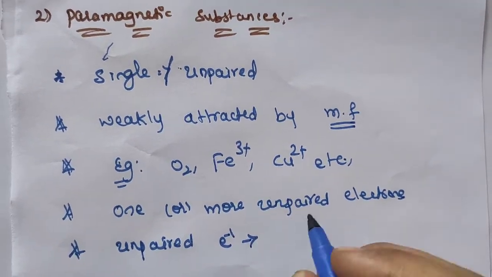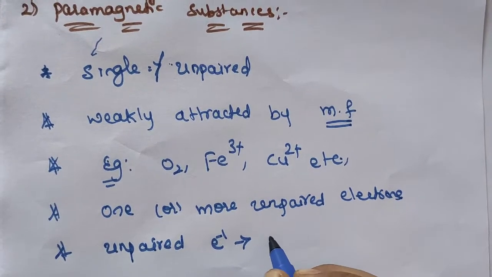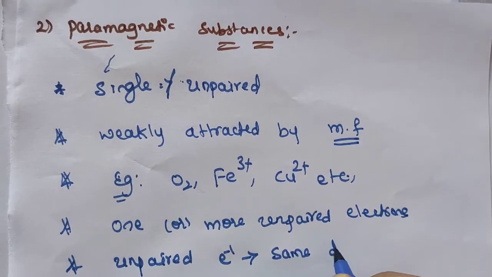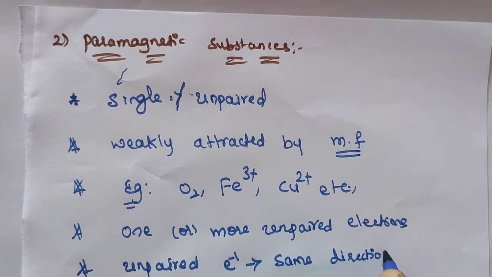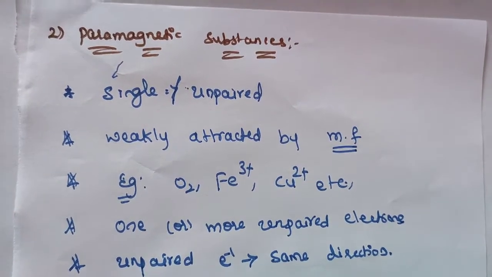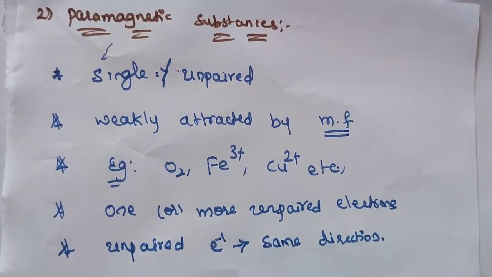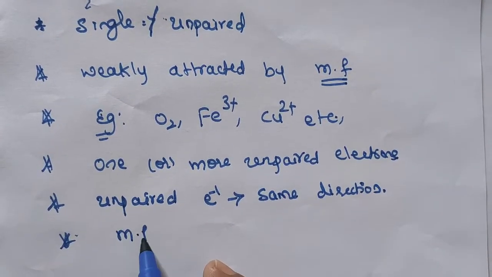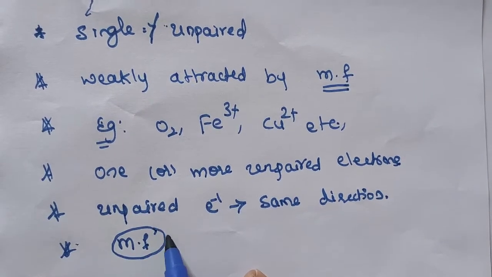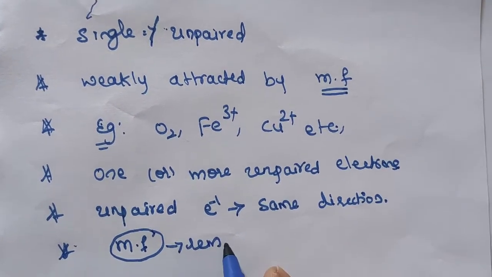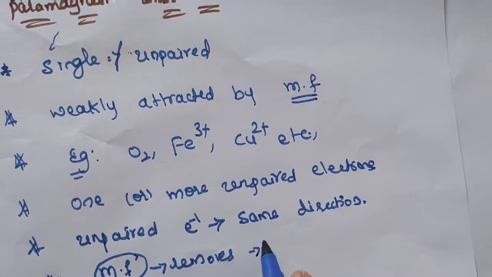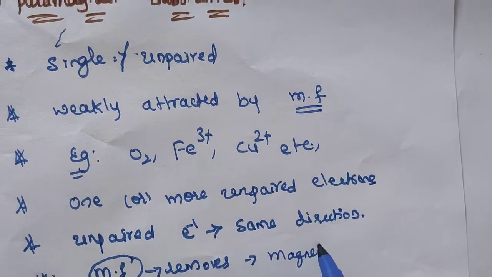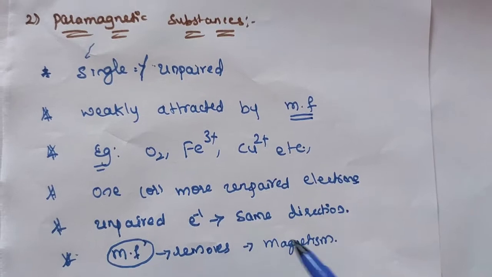If unpaired electrons are present, they will get magnetized in the same direction. On removing the magnetic field, they lose the magnetism. You should remember that only when the magnetic field is removed do they lose their magnetism. Until then, they won't lose their magnetism.